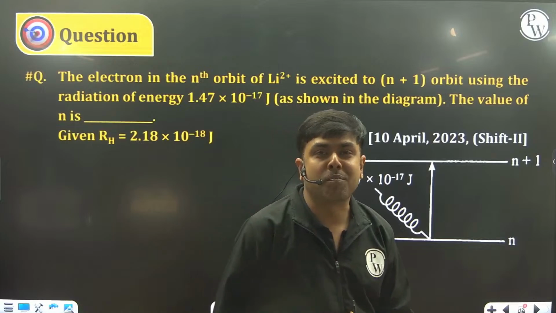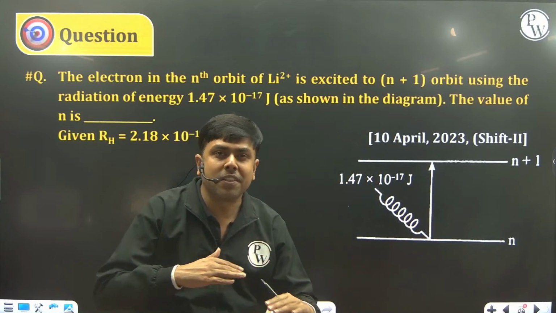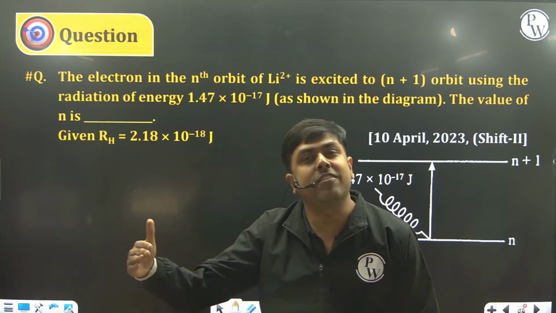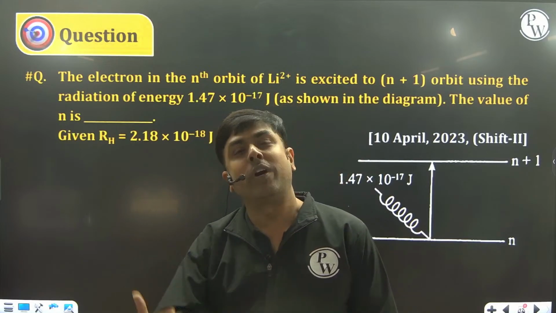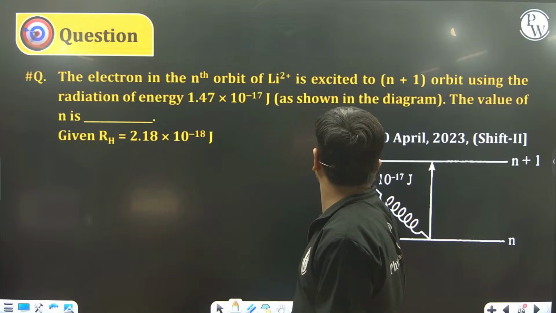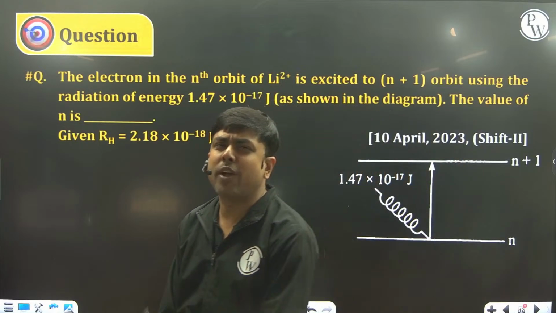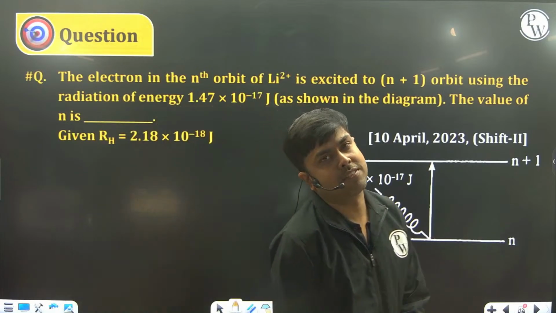If I look at this particular question, again from Bohr's model only, but now it is related to energy, related to electronic transition. Electron is there in the nth orbit, it is switching to n plus 1th orbit, and then we need to calculate the value of n. A typical question can even be asked in modern physics.